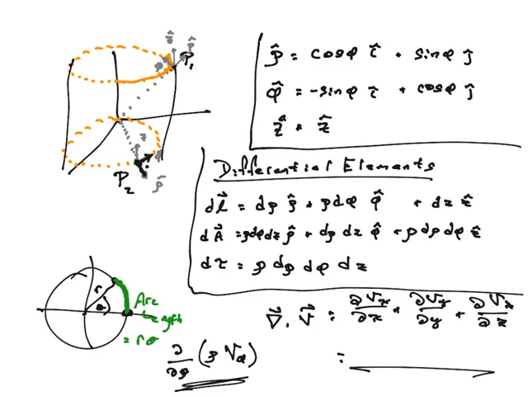However, it would be a very bad thing to just use the outcome and never see where the heck the thing came from, because you lose the intuition for what's going on if you're just given the definition and never see how to get it. The practice of actually getting it yourself is going to be very powerful for you later on. All right, anyway, that's the cylindrical coordinate transformation.